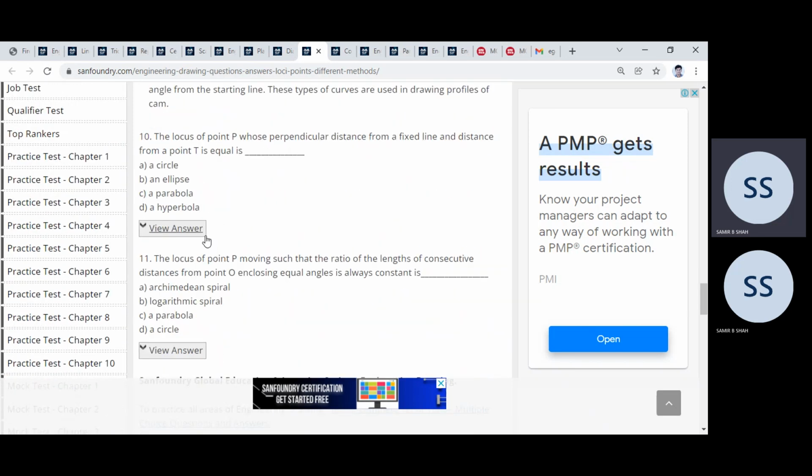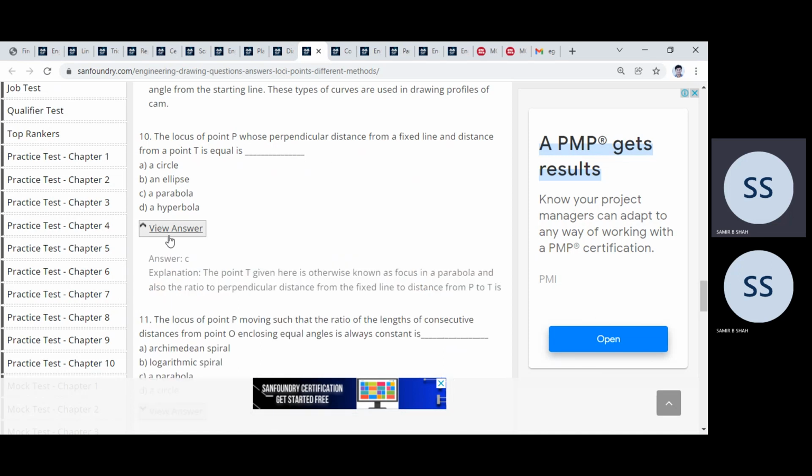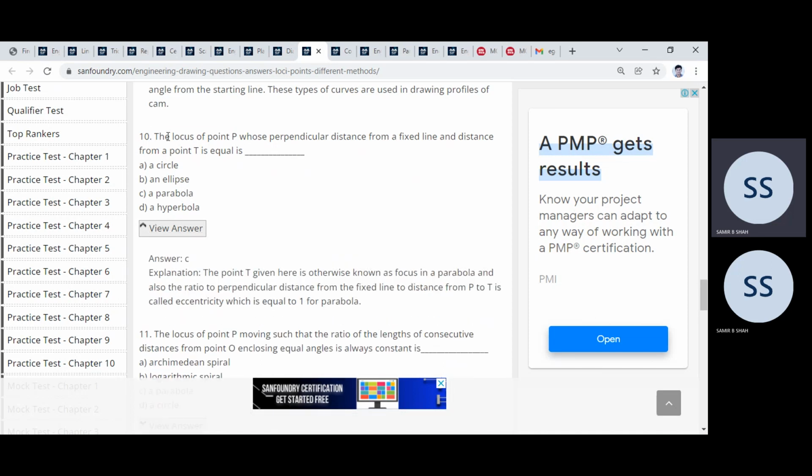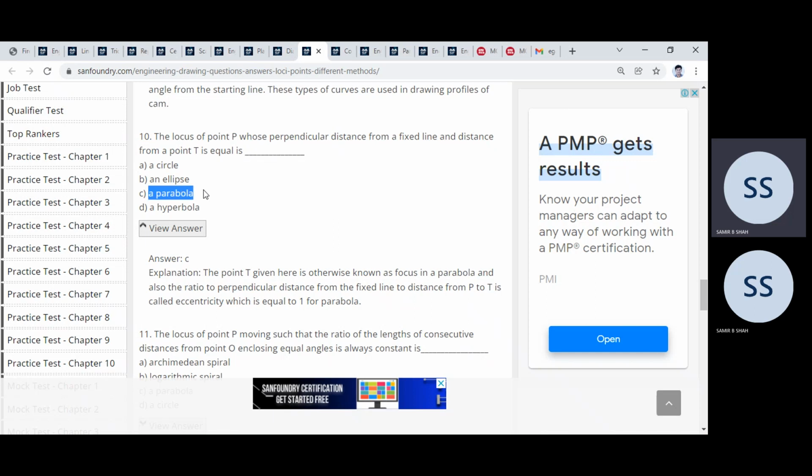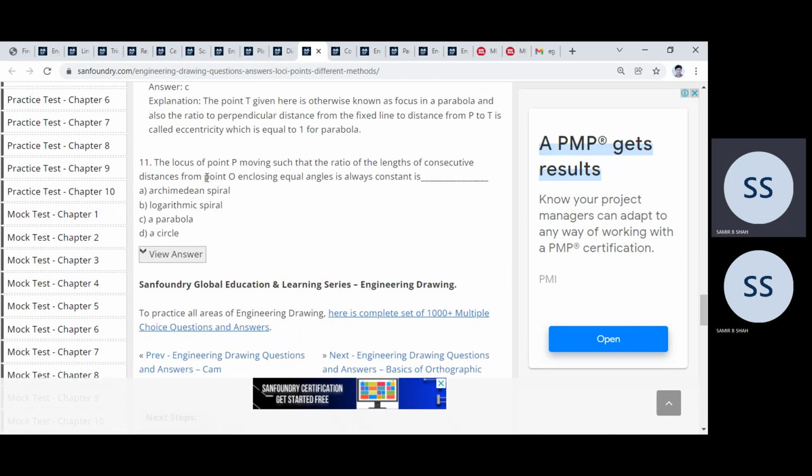Okay. The locus of point P whose perpendicular distance from a fixed line and whose distance from a point T are equal is called a parabola.